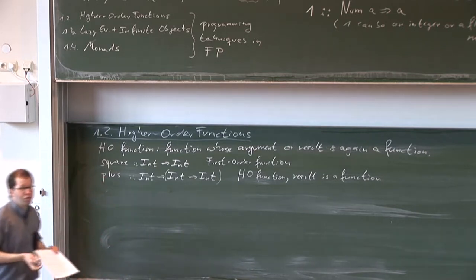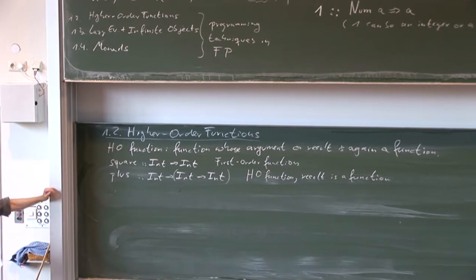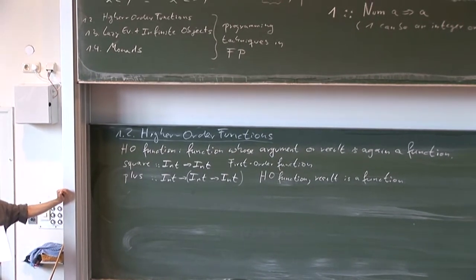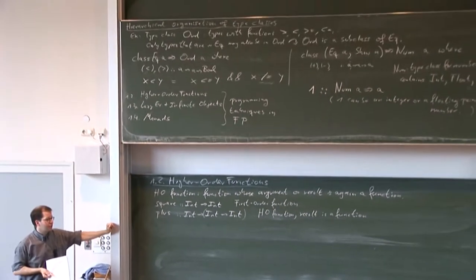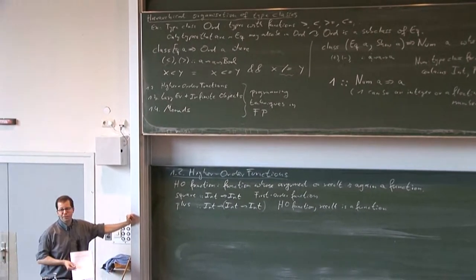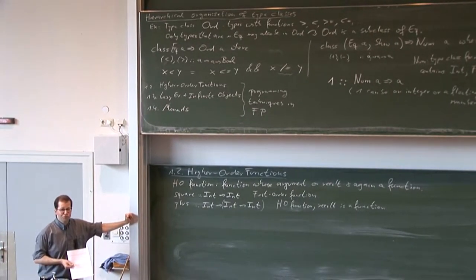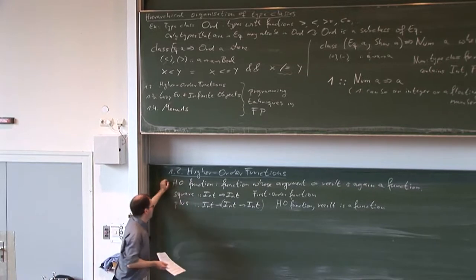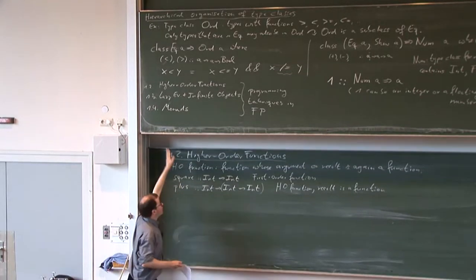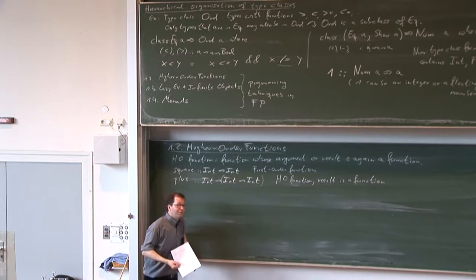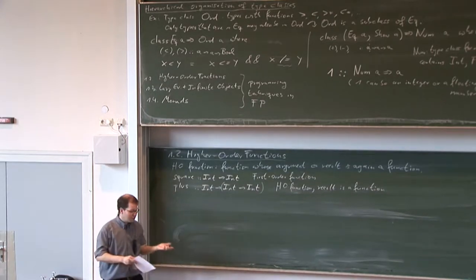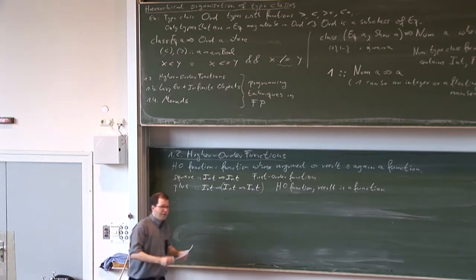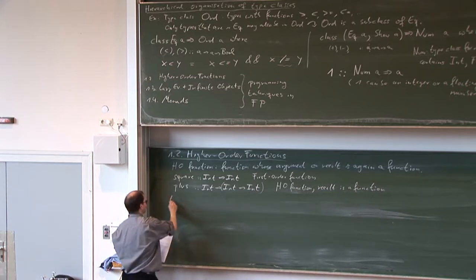But do we also know functions where the argument is again a function? Well, we haven't seen something like that yet in the lecture, but even from high school mathematics, you are used to such functions. So it's not so unusual. And the most familiar higher order function where the arguments in fact are functions, which you already know, is function composition.